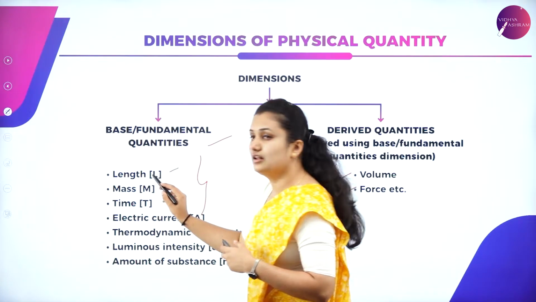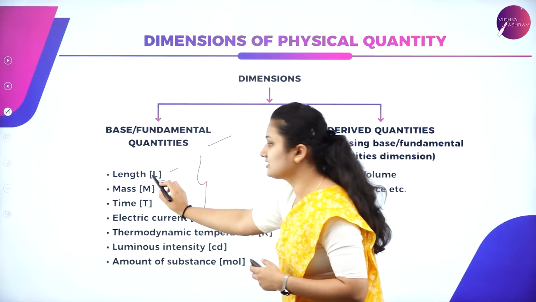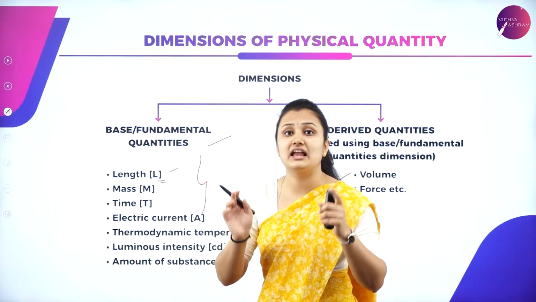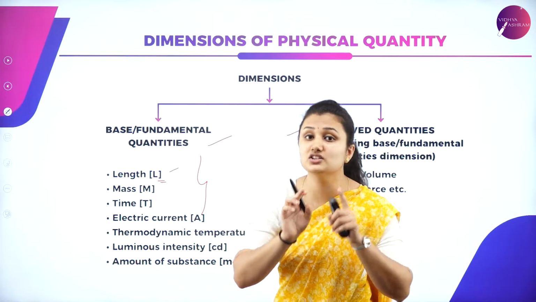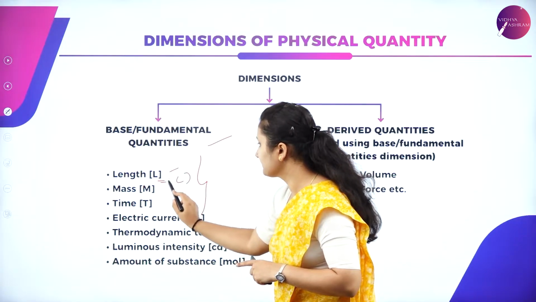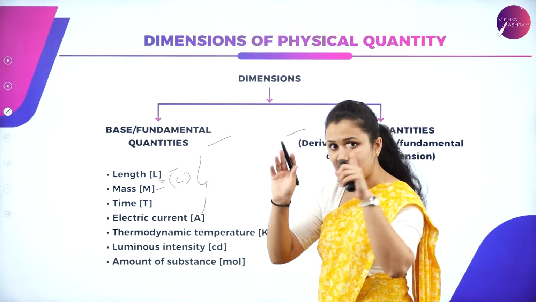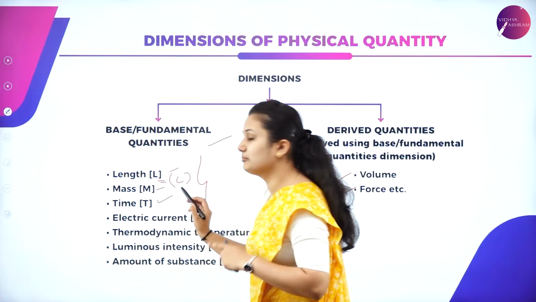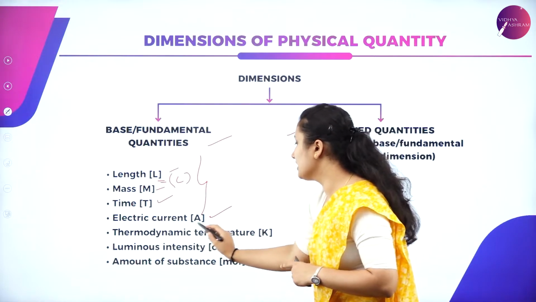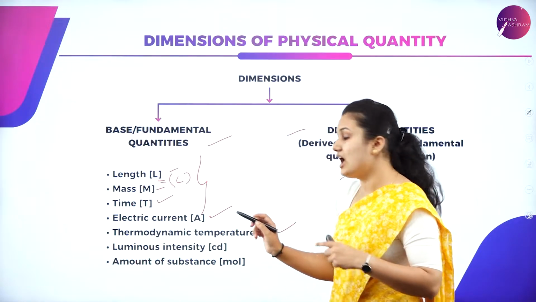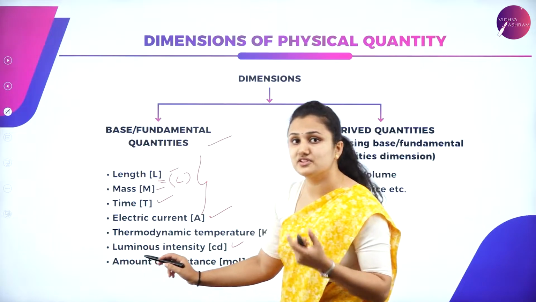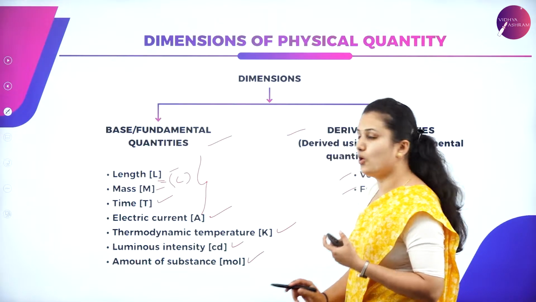We have length, which is represented as L inside a square bracket. That's why in the previous slide I had written area as L into L inside a square bracket. Mass is given by M, time is given by T, electric current is given by A, thermodynamic temperature is given by K, luminous intensity is given by CD, and amount of substance is given by MOL.